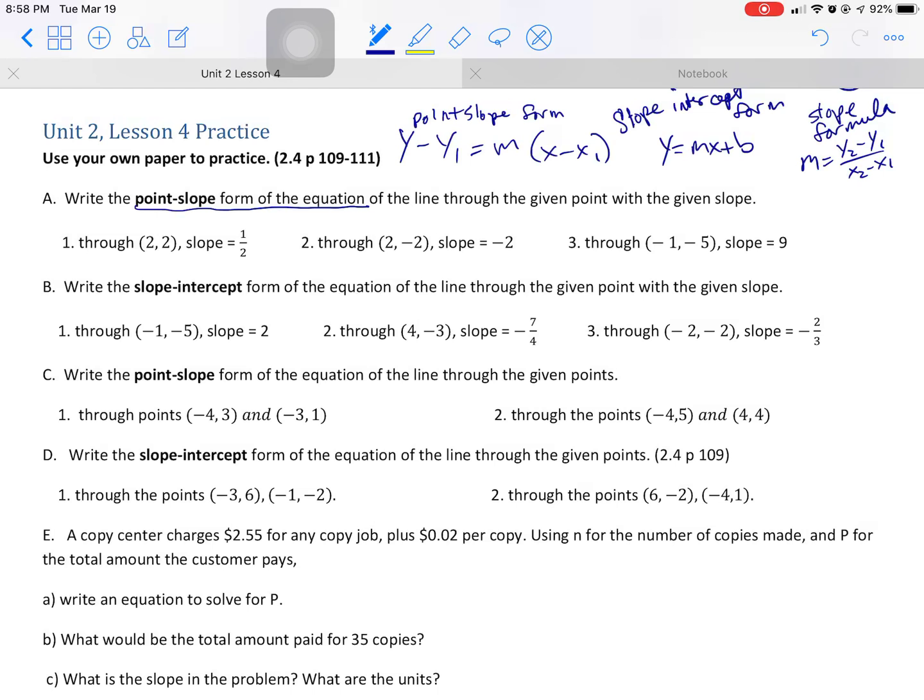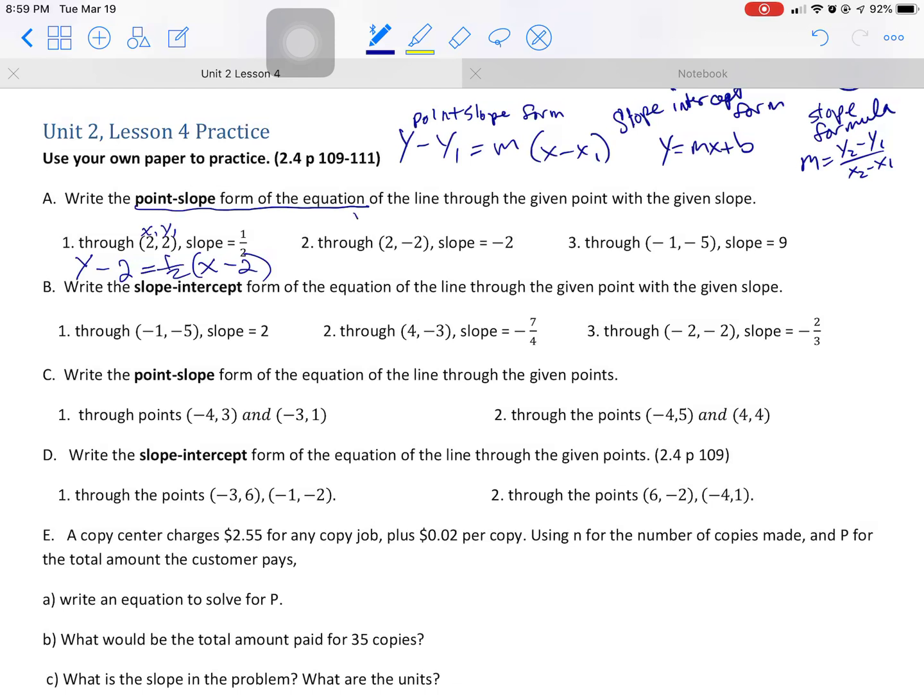Let's see. Okay. Point-slope of the equation given the slope. So I'm going to use that first one, the point-slope. That means I'm always going to have a y. And minus, this is x1, y1, so minus 2, equals the slope 1/2 times x minus 2. Done.